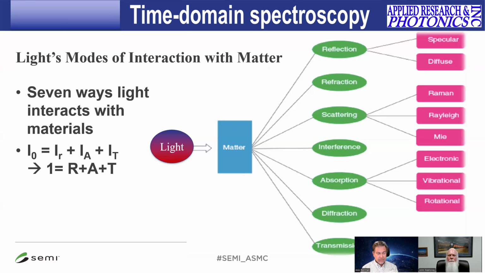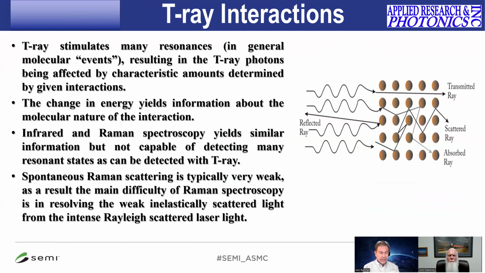In our case, of course, we have to consider the T-ray in the case of light. So when we incident terahertz radiation, or T-ray, we also consider 4 main effects: reflection, transmission, scattering, and absorption. All 4 may or may not contribute equally to the information that we need to extract.